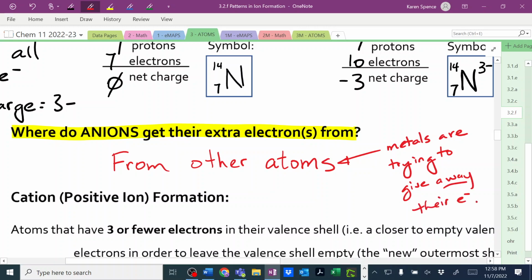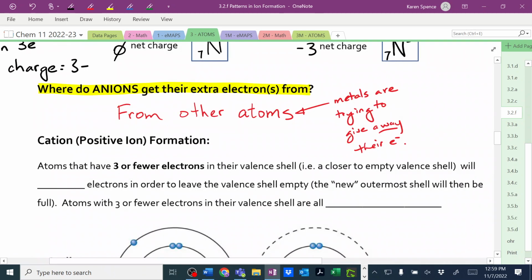That works out so lovely. The metals are all like, electrons, who wants some electrons? And the non-metals are like, oh, please, we'll take them. So it's a very nice system.